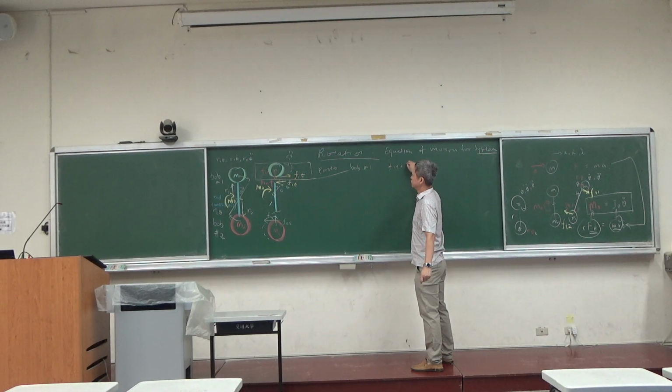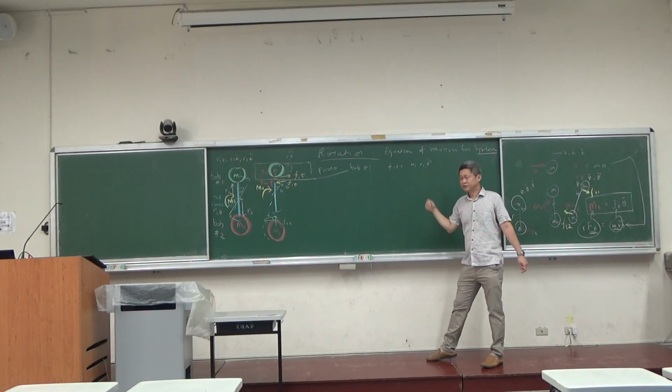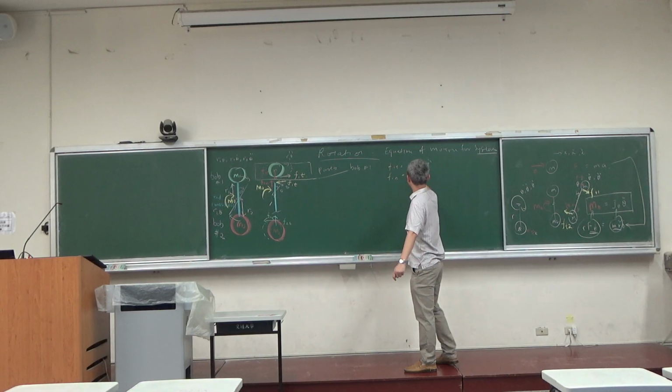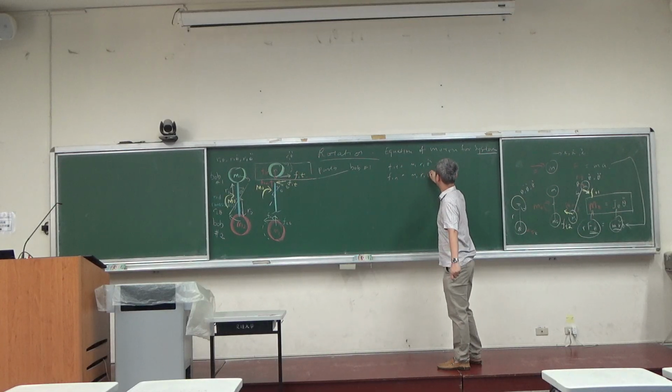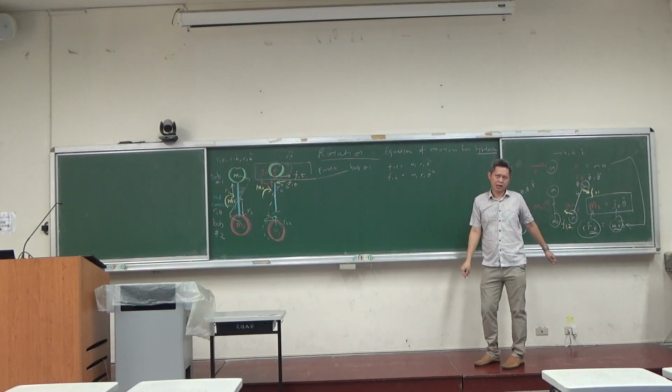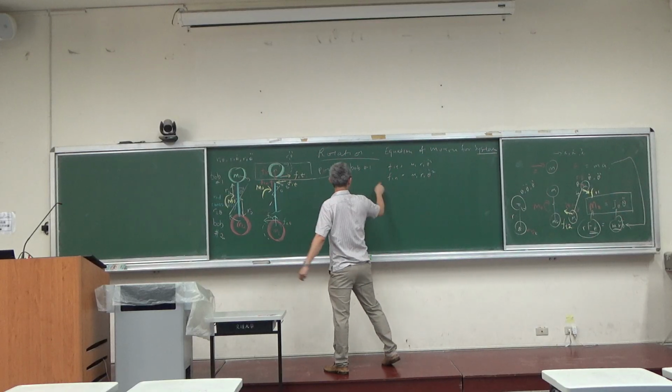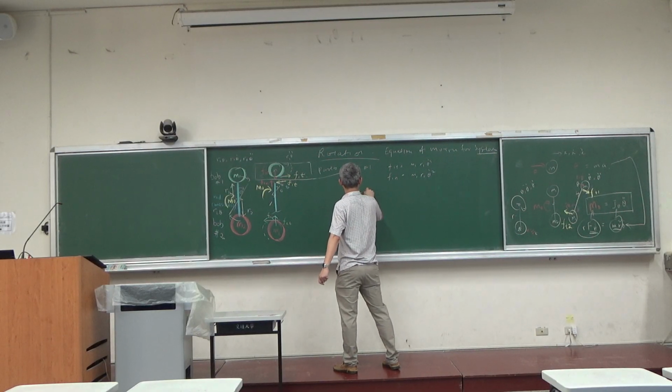F1T is equal to M1 R1 theta double dot. This is a tangential force. And then next, F1N is going to equal M1 R1 theta dot square. Then next we see the bottom one, the bob number 2.